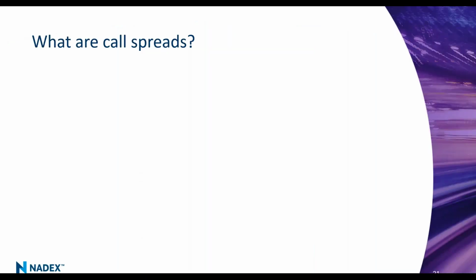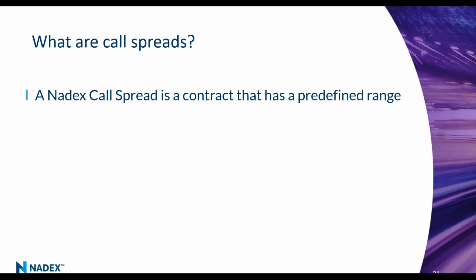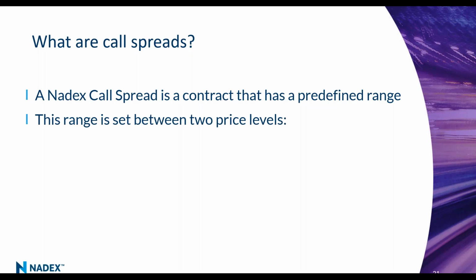Now, call spreads, and this will only take a couple of minutes, because if you understand knockouts, call spreads are pretty straightforward and intuitive. A call spread has a predefined range.